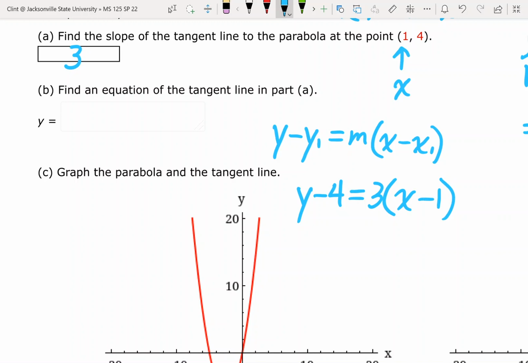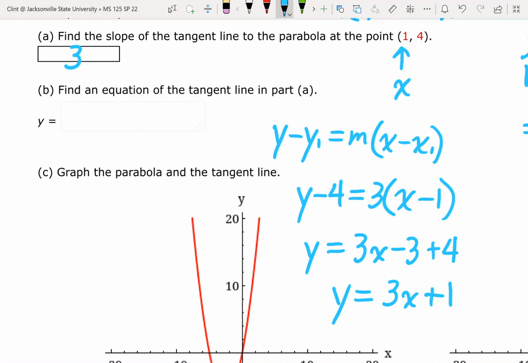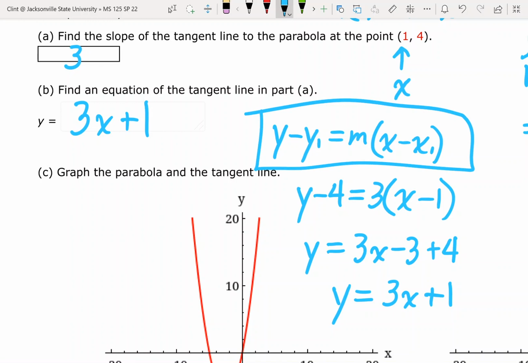It tells us on this one it wants it solved for y, so let's see. 3x minus 3 plus 4, so 3x plus 1. I'll give you that part because it'll make me upset if you get it wrong.